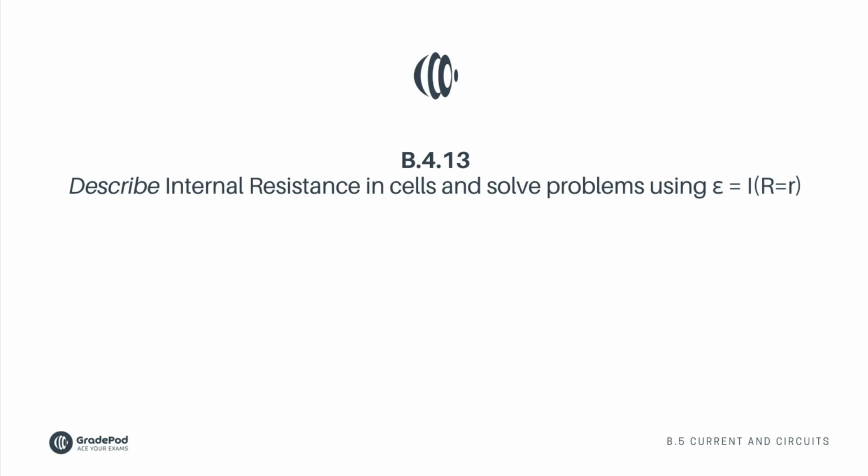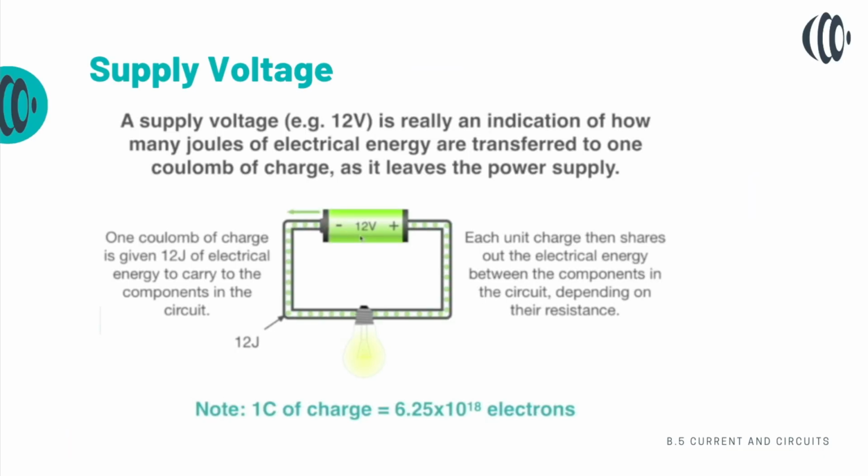I want to start with looking at something called supply voltage. If this cell here has a supply voltage of 12 volts, what's actually happening is that each unit of charge, each coulomb of charge, is gaining 12 joules of energy.